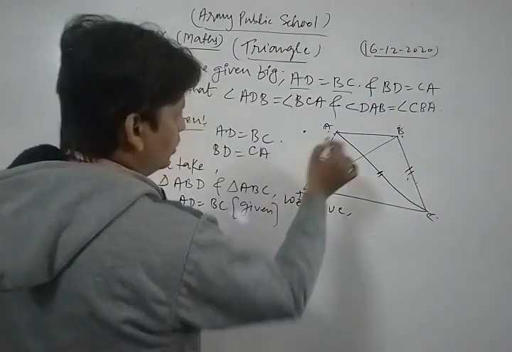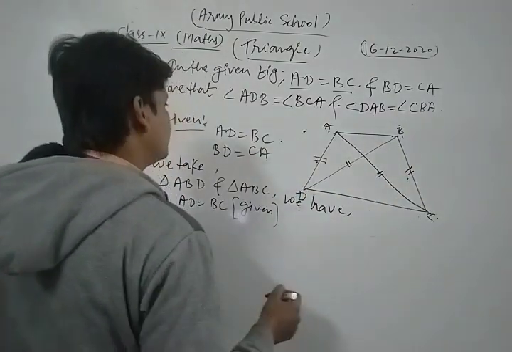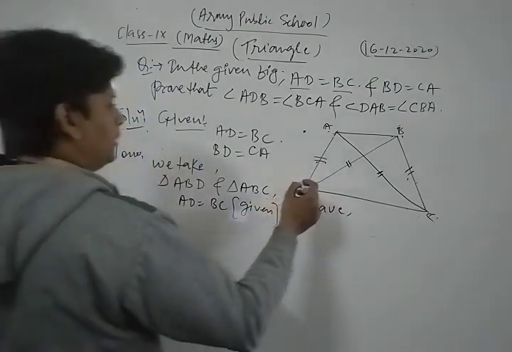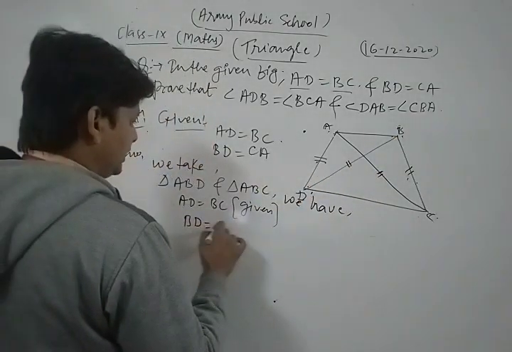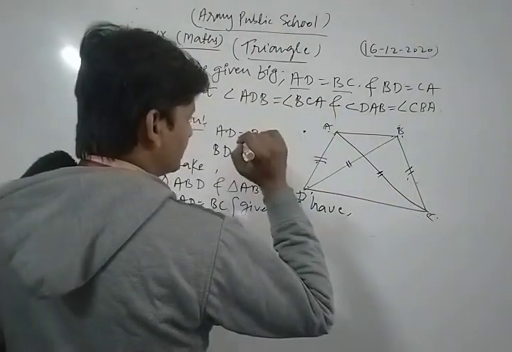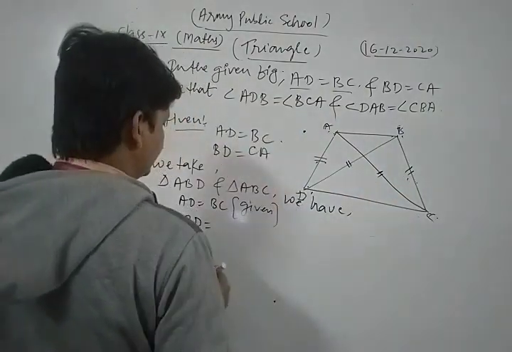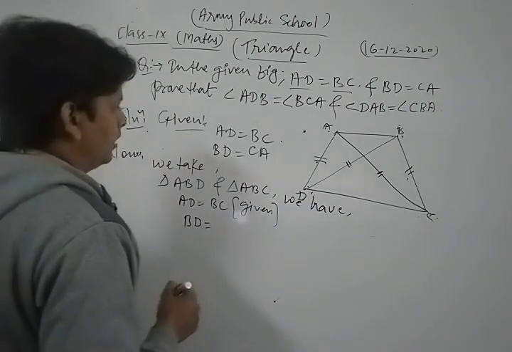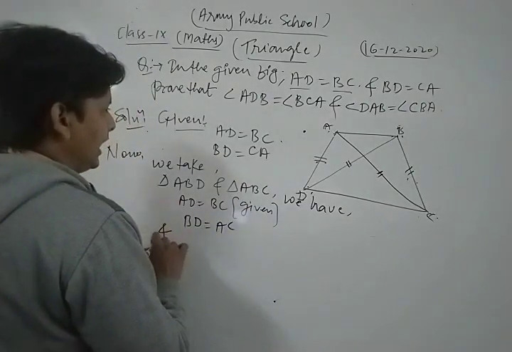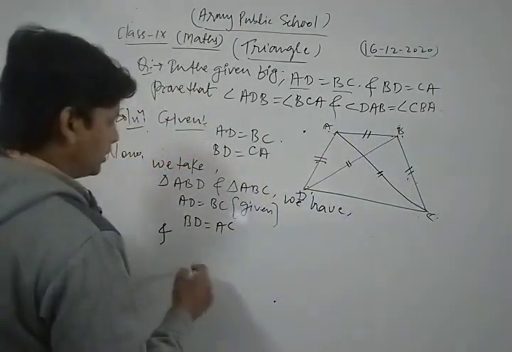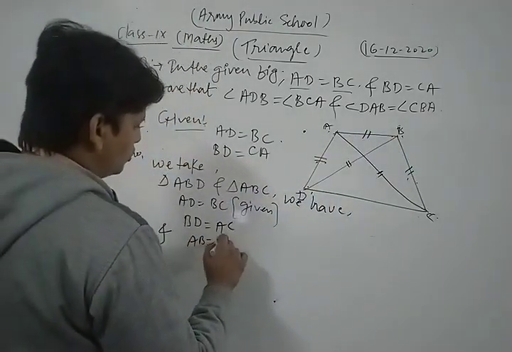Okay, now look, BD is equal to what, dear friends? AC. BD is equal to AC. And AB is common. AB is equal to AB.